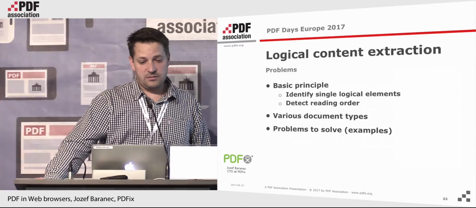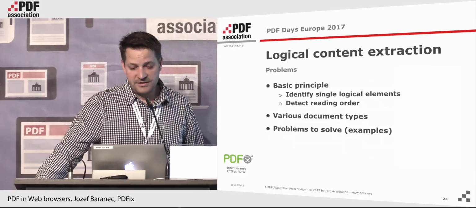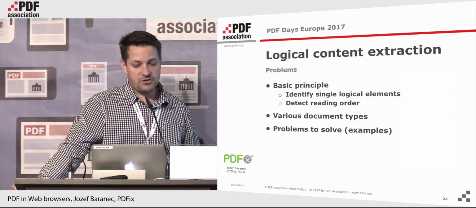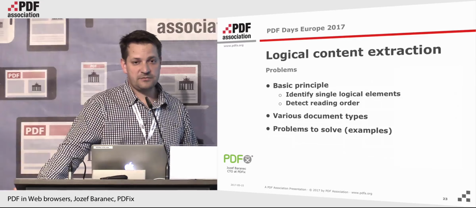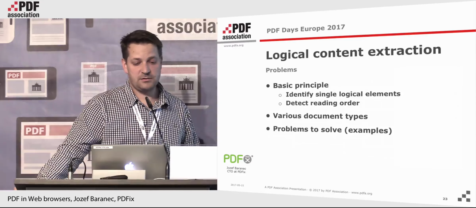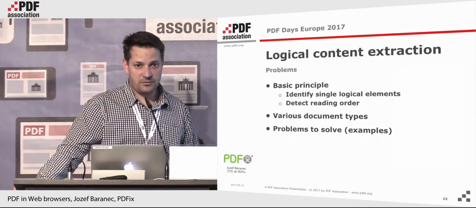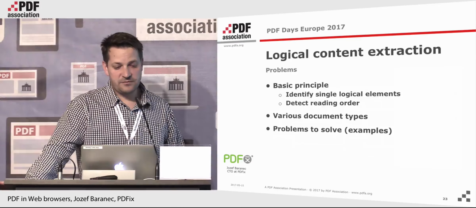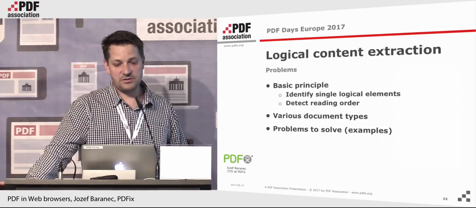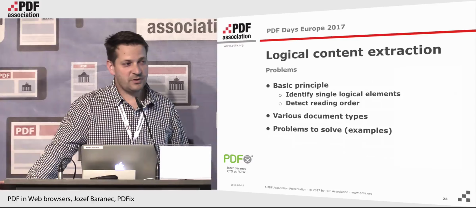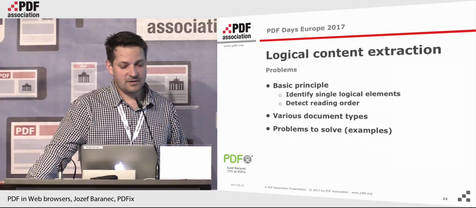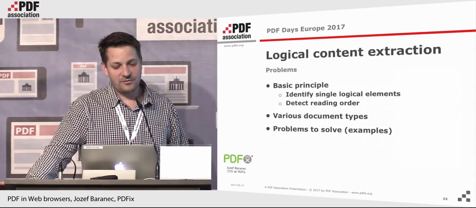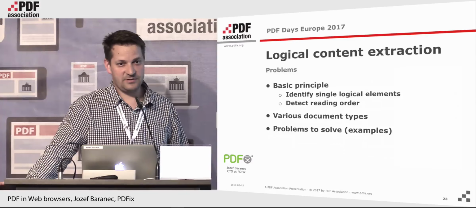So as I mentioned, the biggest challenge in logical content extraction is to identify single logical elements and detection of the reading order. So these are two keys. We are dealing with different document types, and we have a number of problems that we need to solve in detection.